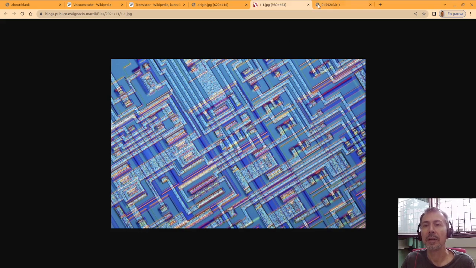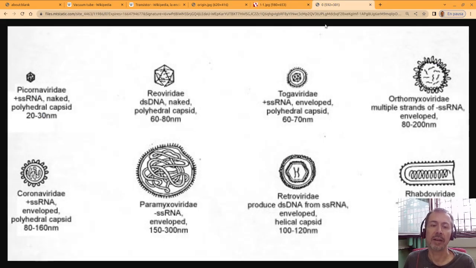So, for example, here we have a picture with some human viruses. I'm sure you know this one. This is the coronavirus. This is 80 nanometers in length. So, if we have gates of 10 nanometers, it will be something like this.